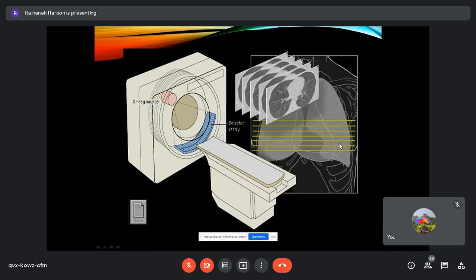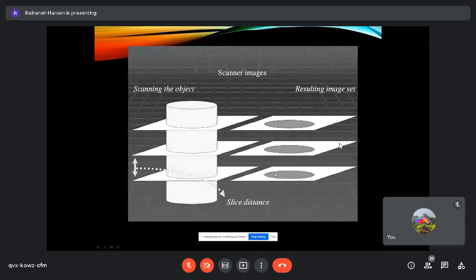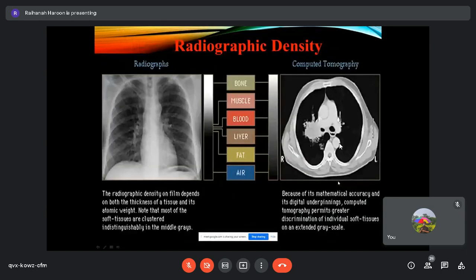For example, if it's a CT head, it goes from the top of the skull and rotates down to the base of the skull. It continues giving radiation, and this is the detector which detects the radiation. All this information is computed in the computer, and the computer produces our image. And this is the schematic presentation.